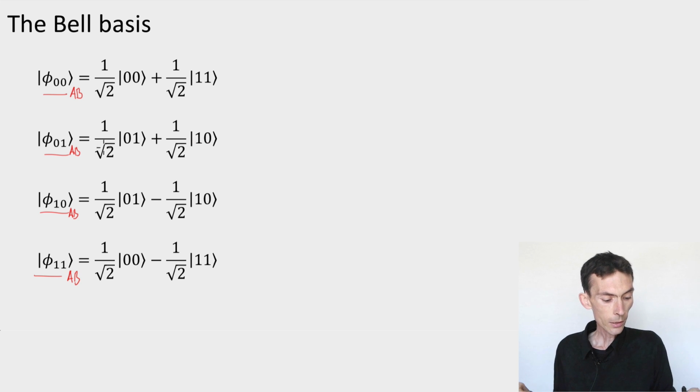If I take the second and third states, now they both involve the same strings, 0 1 and 1 0, but there's a plus and a minus, and you can check that these 2 states are going to be orthogonal. Any 2 of these states are orthogonal. The dimension of the space is 4, so they form an orthonormal basis. It's a different basis than the ones we're used to because it's not made of product states, it's made of entangled states, but it's a valid basis of C2 tensor C2.